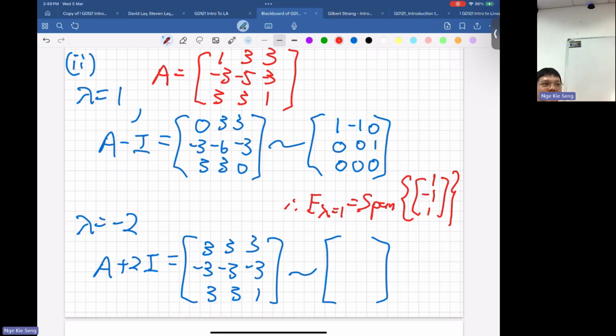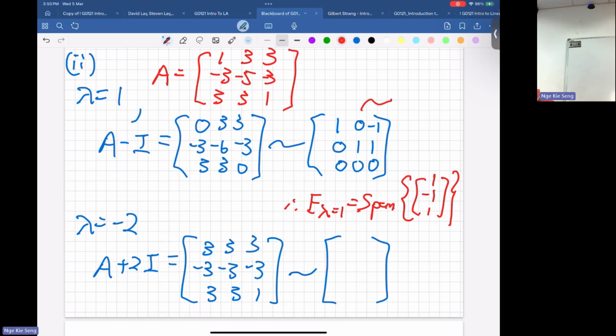How should the matrix look like to get the solution? Backward thinking. 1, 0, minus 1. Oh, put a minus 1 here instead. Okay. And then 0, 1, 0. 0, 1, 1. Hmm. Okay. I think this one makes sense.